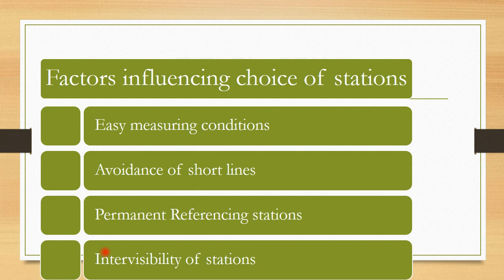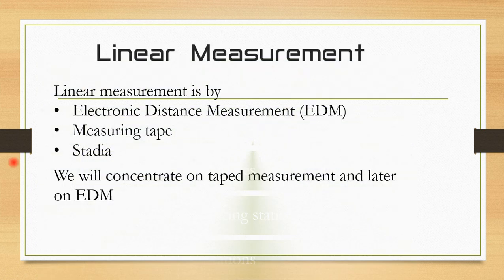You should be able to see from each of the stations, even if you interchange the machines. Unless you are using other measuring methods, like the use of satellites, the intervisibility of stations may not be necessary in that case.